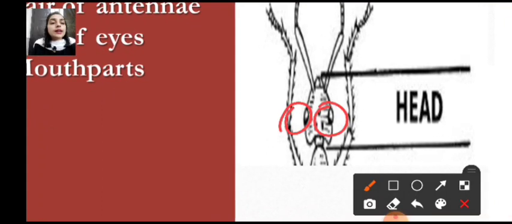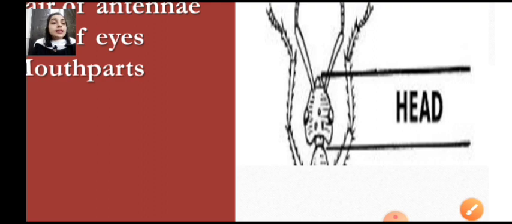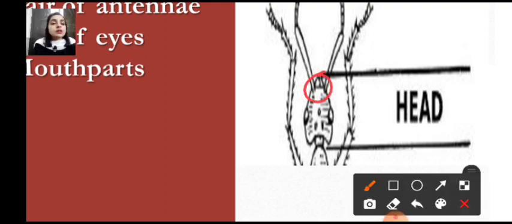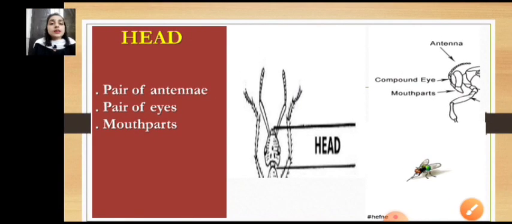These are the eyes of the insects. And they have mouth parts. Each part of the head has different functions. They use their antennae to smell or to detect odor. So antennae help them to detect smell or odor.